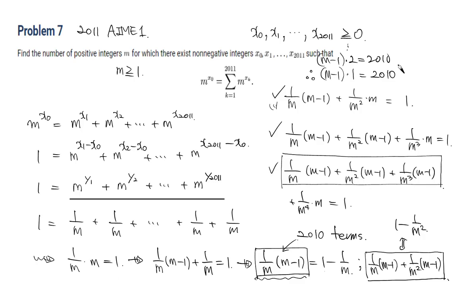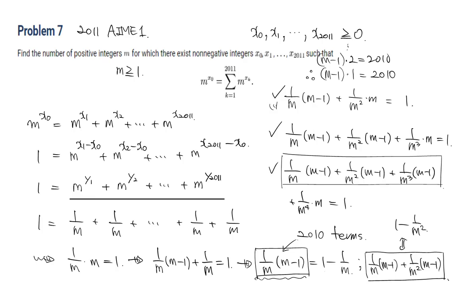All you need to figure out is whether m minus 1 is a factor of 2010 or not, right? It's way better if you see this all in motion. So we're looking for all positive m such that m minus 1 divides 2010.